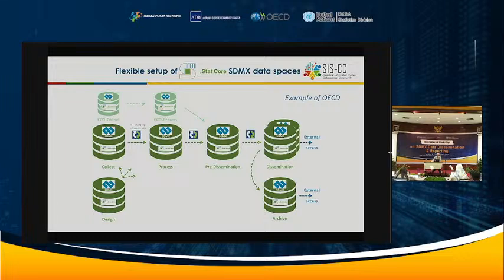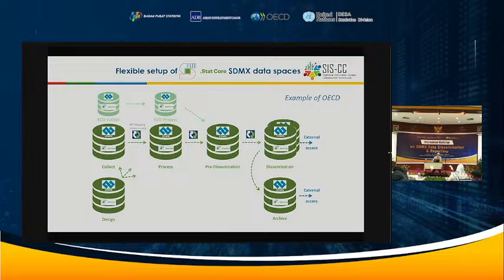They may have a couple of weeks just to build the data up and get it ready. It may be under embargo, something like that, but this occurs in the pre-dissemination space. And then when everything is ready, they use a function called transfer, and they transfer it to dissemination when it needs to be disseminated.